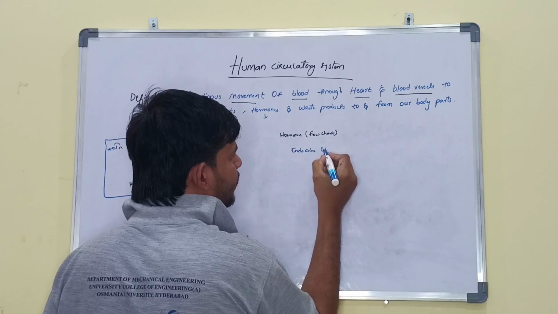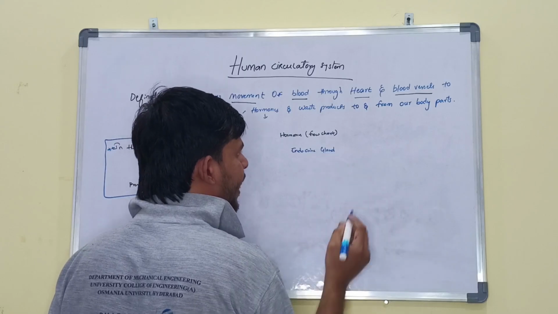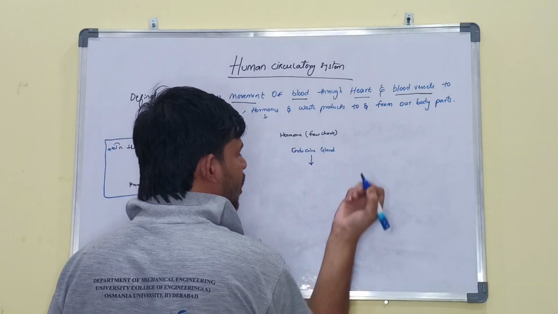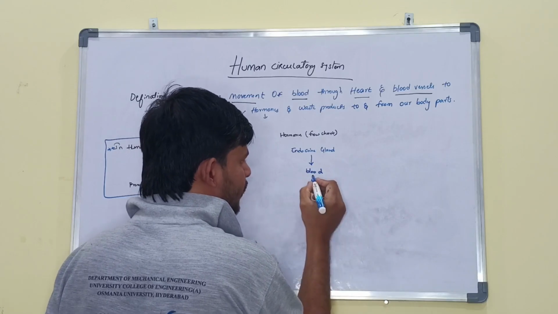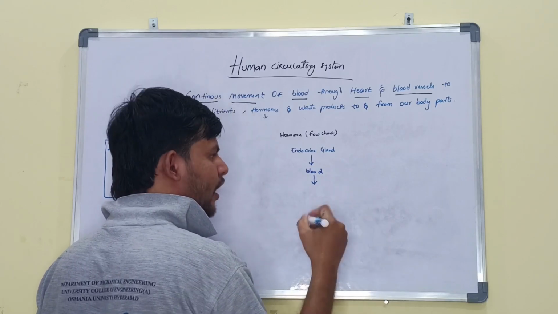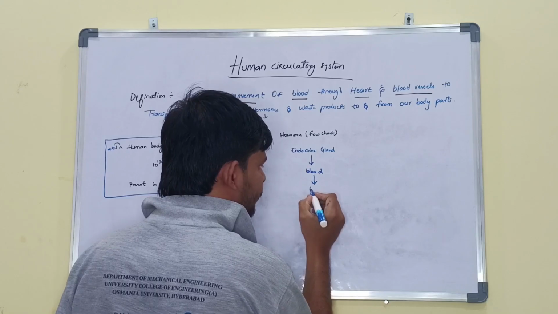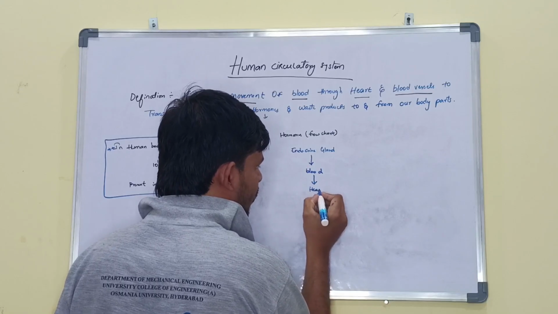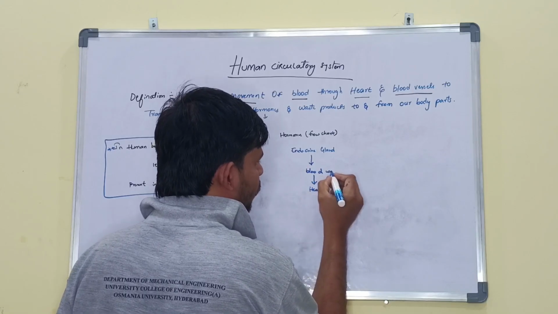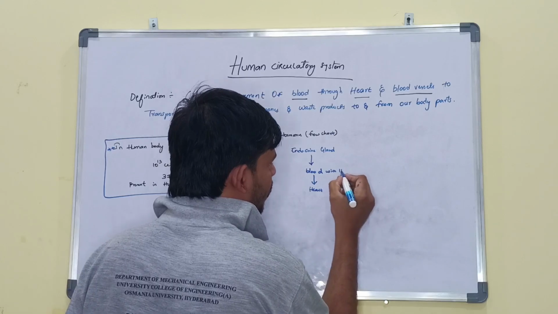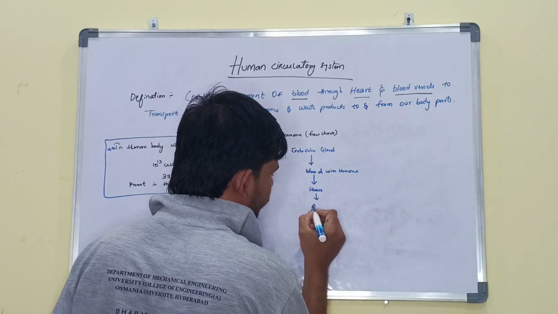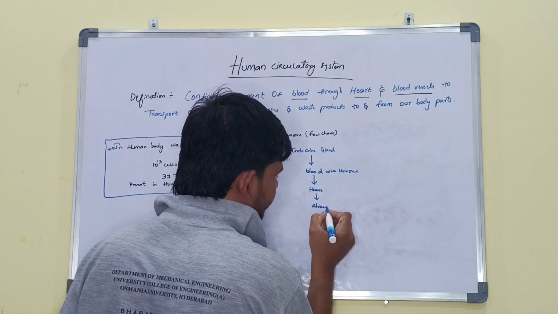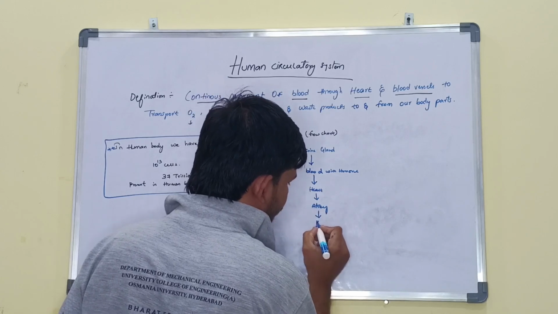These endocrine glands will secrete hormone into blood. This blood will be transported to artery, and it will be transferred to body cells.